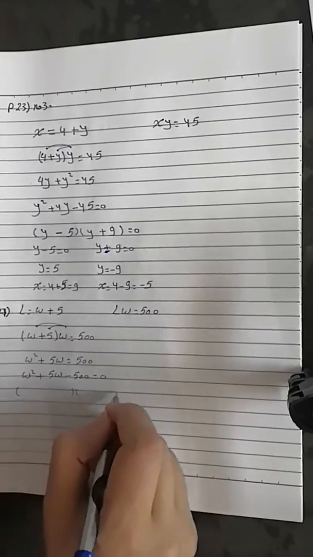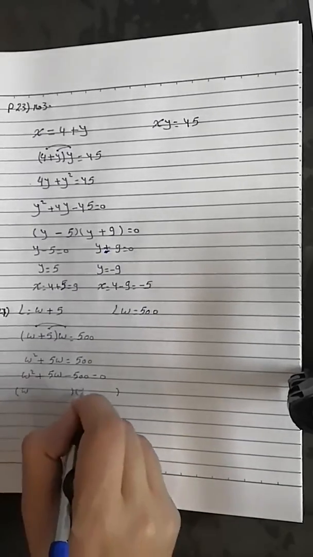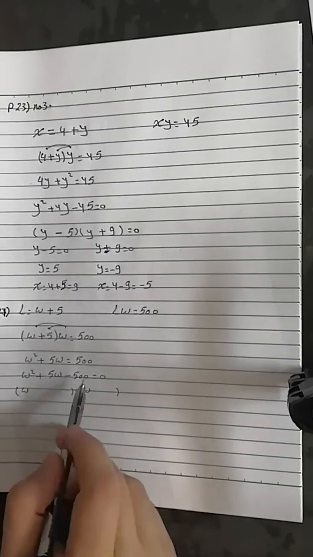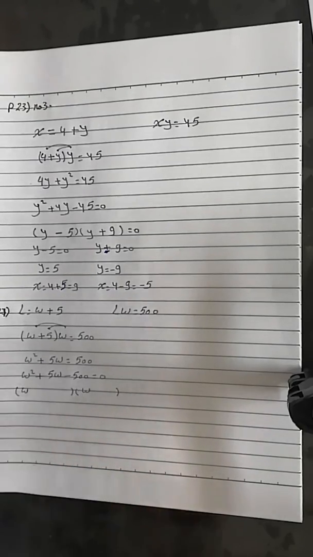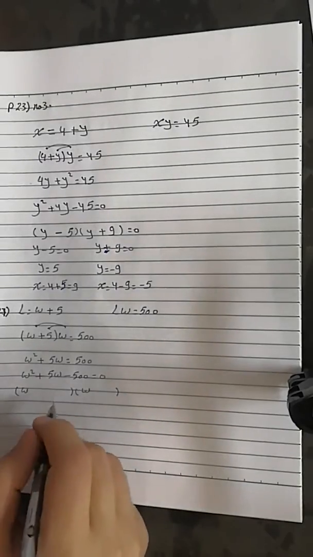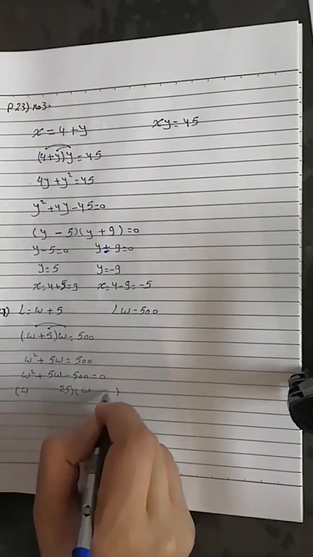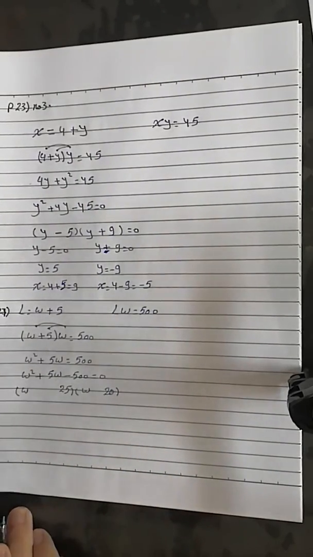Open two brackets, W and W. 500, to factorize it, it will be not 50 times 10, it will be 25 times 20.